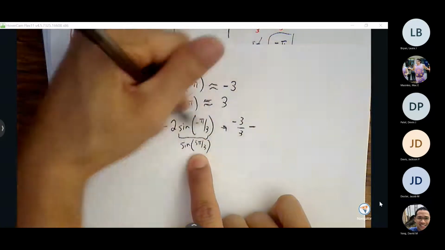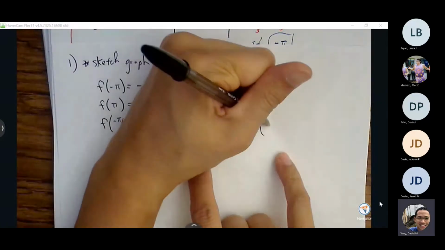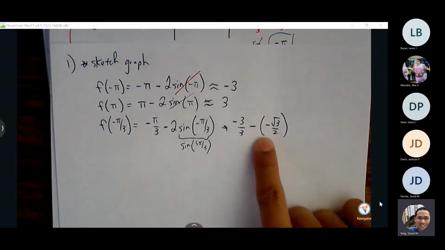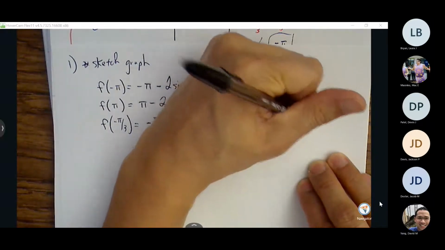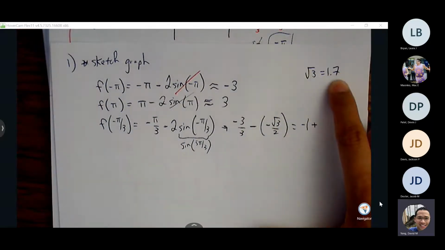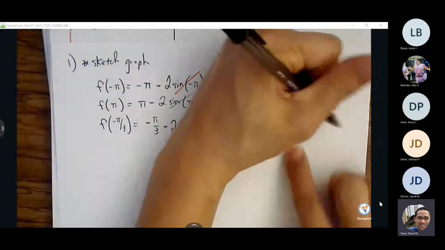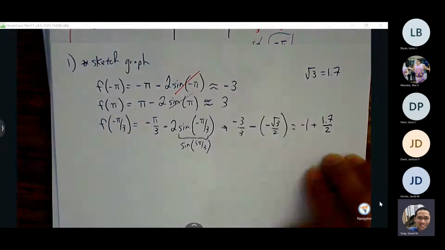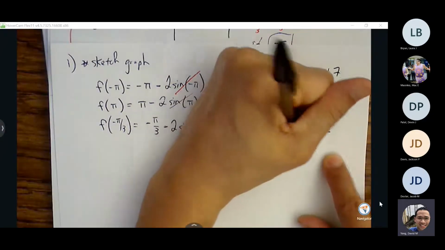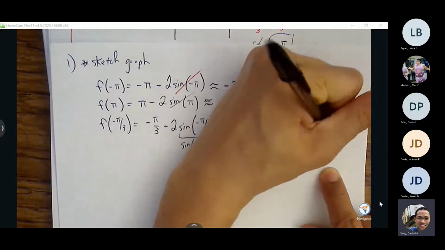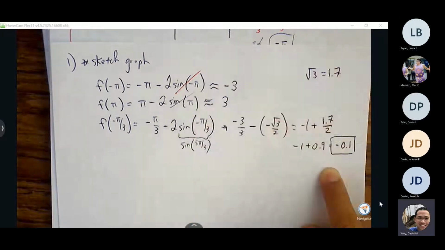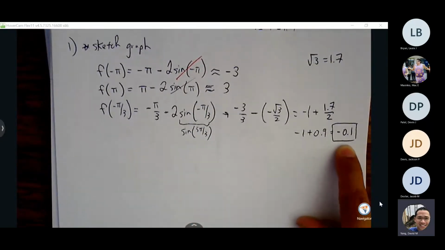The negative, two negatives become positive. And we know that root 3 is around 1.7. I'll give that information to you on the test. So 1.7 divided by 2. It's around, what, 0.9. Okay, so really close to 0, but a little bit under 0.